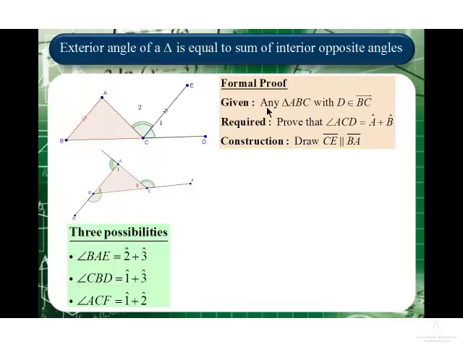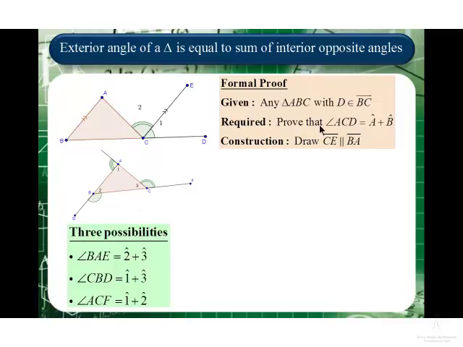We are given any triangle ABC as indicated with the point D that belongs to the extension of the side BC of this particular triangle. We are required to show that the exterior angle ACD is the sum of the two opposite interior angles A and B respectively as indicated.